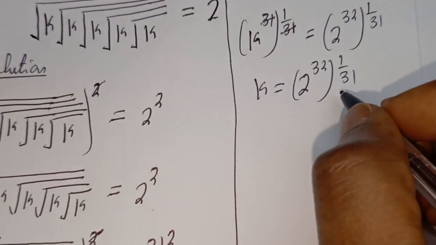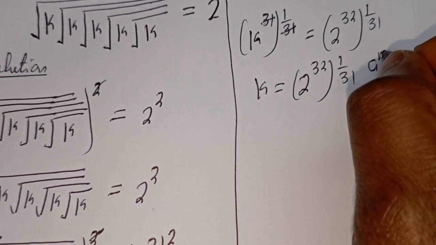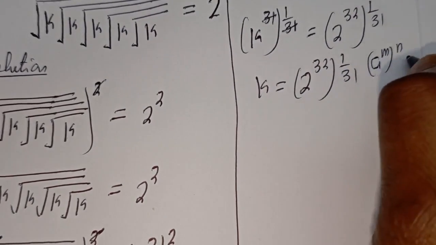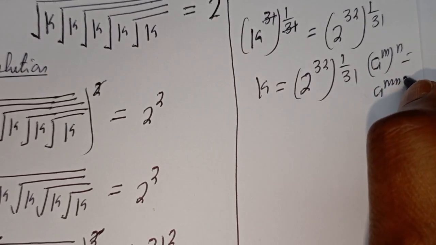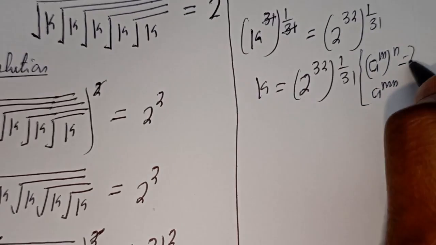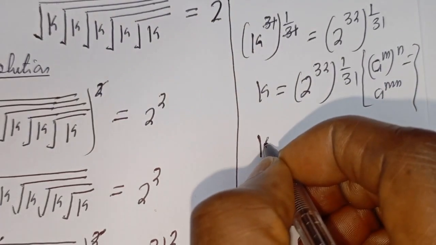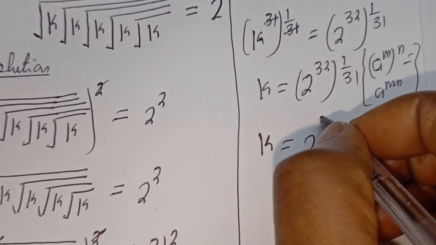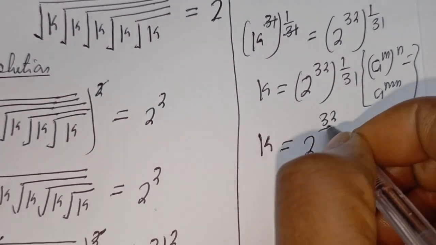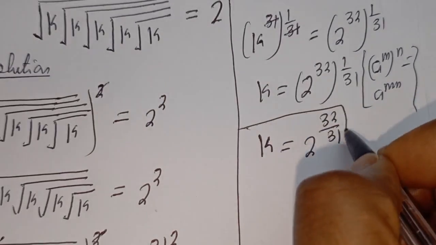And we know that we said a to the power of m to the power of n is equal to a to the power of mn. Then this can be written as k is equal to 2 to the power of 32 over 31. And this is the final answer.